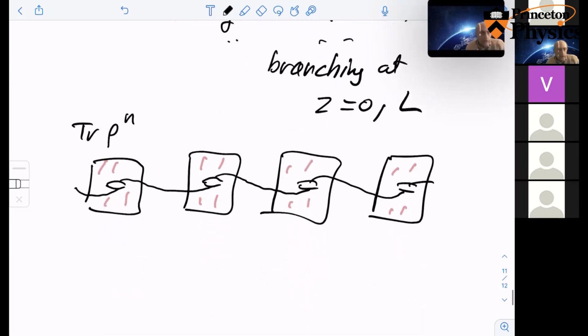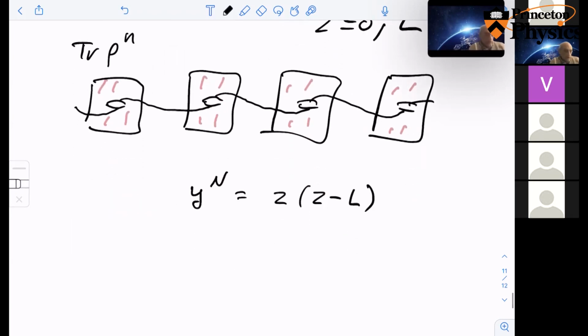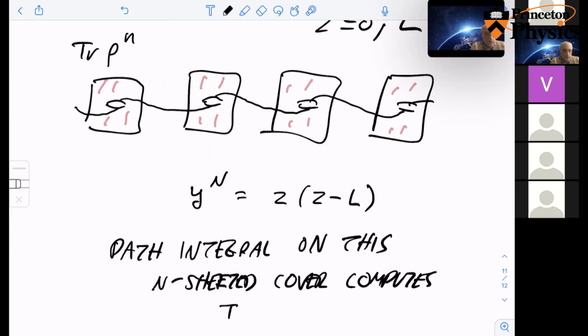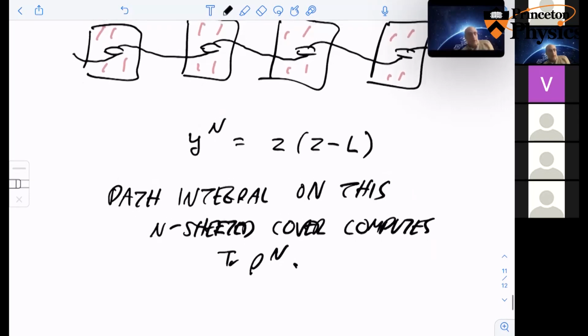With some mental gymnastics, you would see that we would have constructed an n-sheeted cover of the plane branched over 0 and L, describable by a slightly more general equation. So the path integral on this n-sheeted cover computes the trace of rho to the n. Any questions on that?